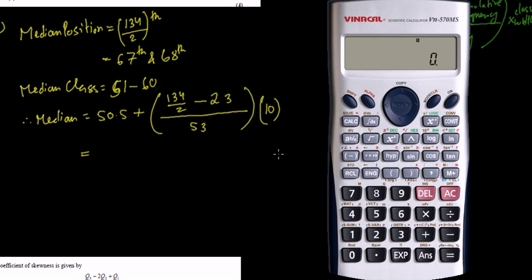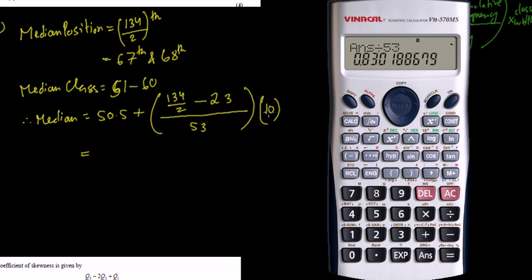So let's calculate 134 divided by 2, that is 67, minus 23. We get this value 44. Now we have done this. Let's divide by 53. So now we get this. So this thing is multiplied by 10.